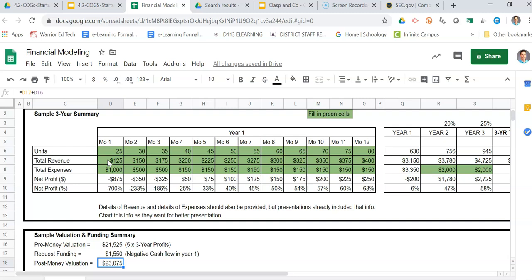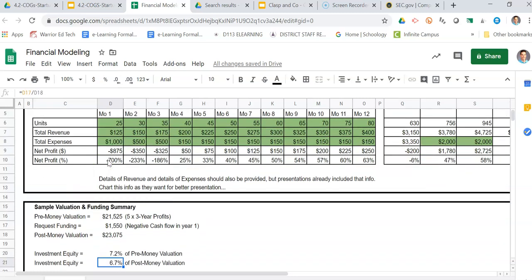Our post-money valuation would then be the combination of our 3-year profit times our multiplier of 5, plus the negative cash flow we had in the beginning, and we get a post-money valuation of 23,075. For the pre-money valuation, you take what we're looking for, the 1,500 you can see up here, divide it by the 21, and with that 1,500 we're going to give 7% equity.